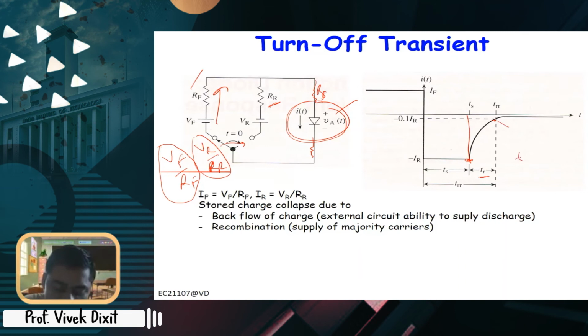Reverse recovery time is defined as the time required for the current to change from IR to 0.1 IR, the 90% drop in the current.